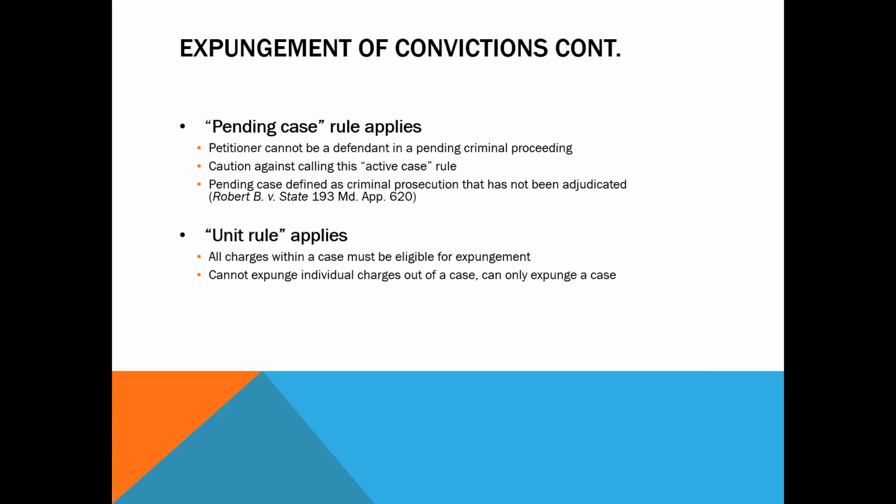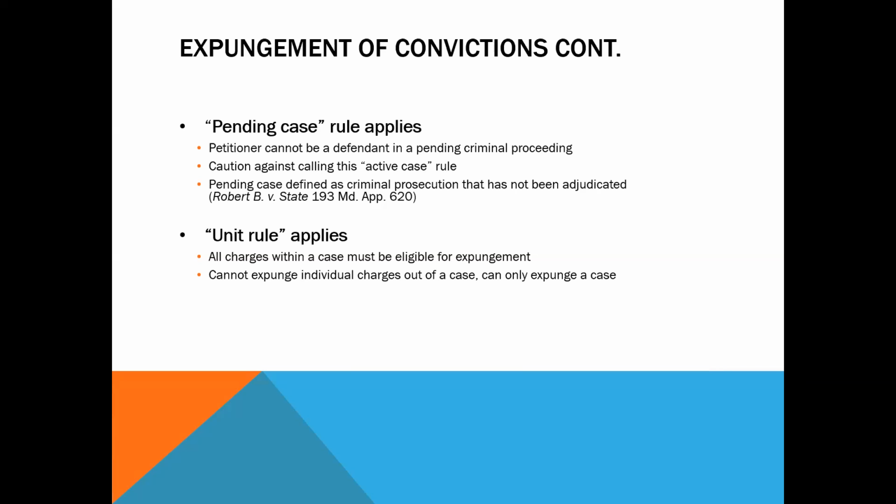So if you had 3 convictions in a case and 2 of them were on that list in 10-110, say they were misdemeanor theft, but one of them was armed robbery or something that is not eligible, the entire case becomes ineligible. And a unit is essentially defined as charges that arose from the same incident.